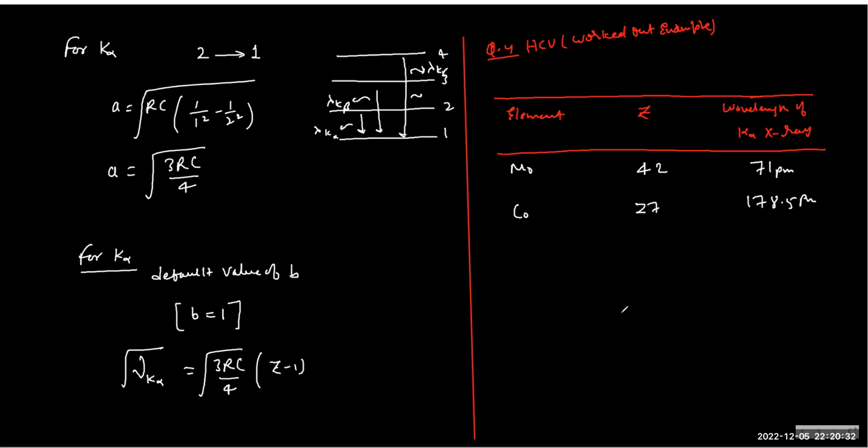Because lambda is given, you can use the lambda relation. Instead of root mu, you can use C by lambda.